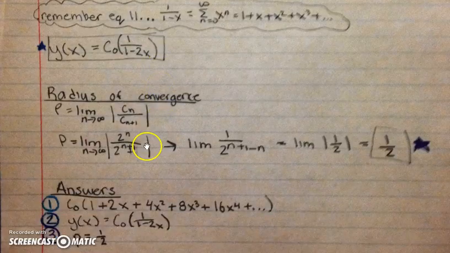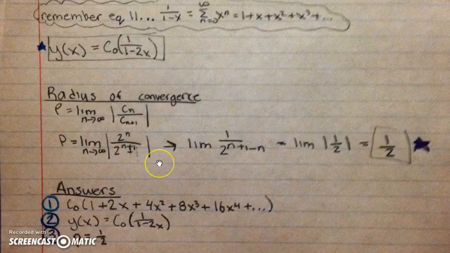And then lastly, we have to find the radius of convergence. As we learned before, rho equals the limit as n approaches infinity of the absolute value of Cn over Cn plus 1. We can plug in what we know our Cn value and our Cn plus 1 value would be. As we know, Cn equals 2 to the n. So rho equals the limit as n approaches infinity of 2 to the n over 2 to the n plus 1.